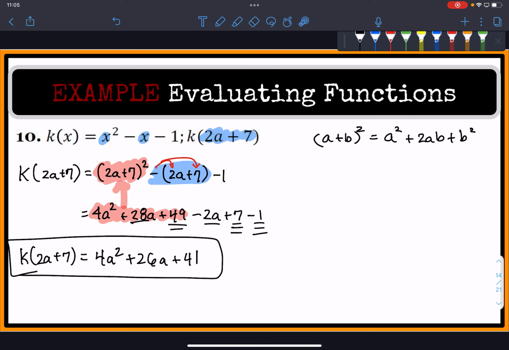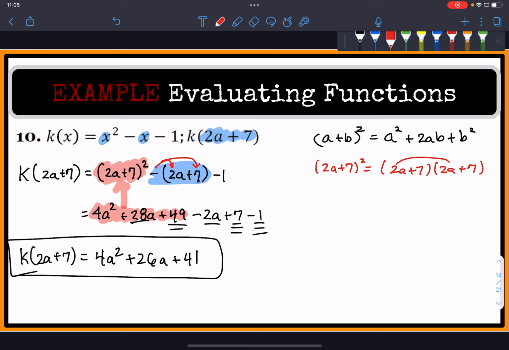Now, if you're not familiar again with this definition of a perfect square trinomial, then you can just simply use distribution. Recall that 2a plus 7 to the second power simply means 2a plus 7 times 2a plus 7.